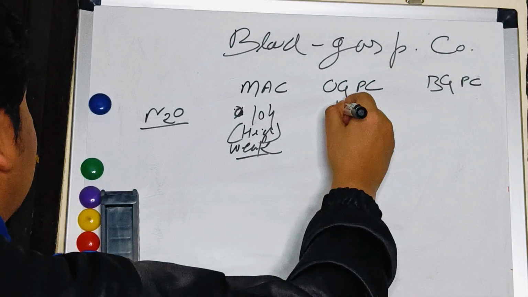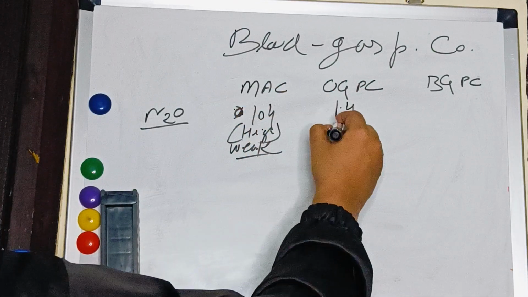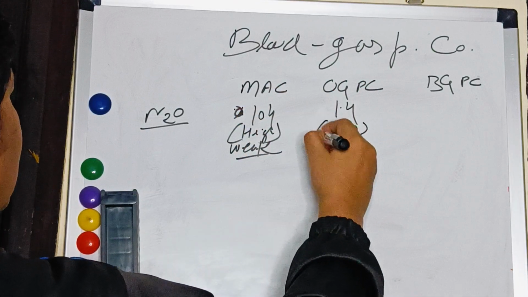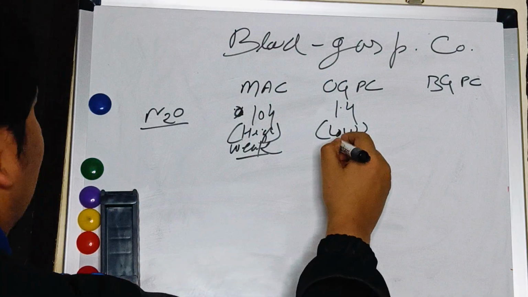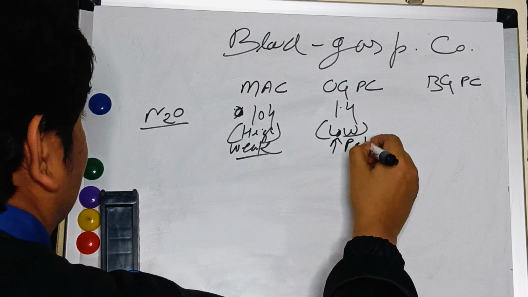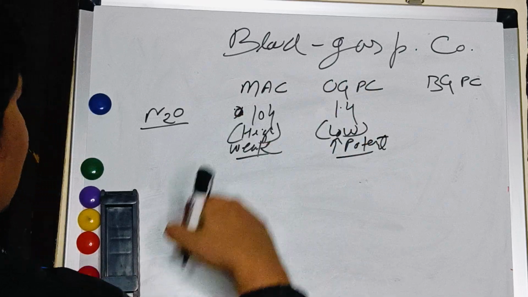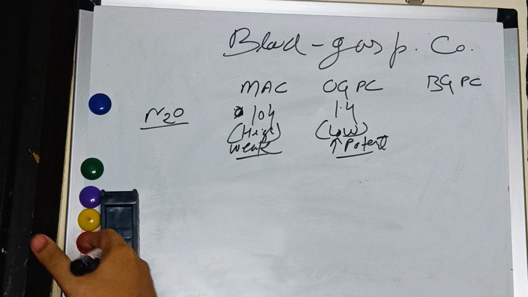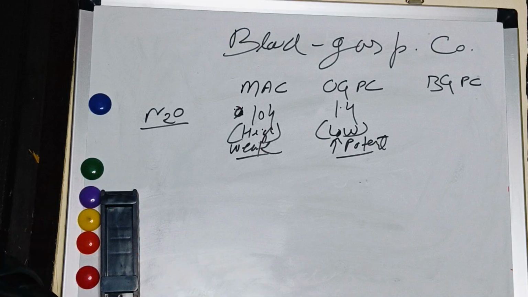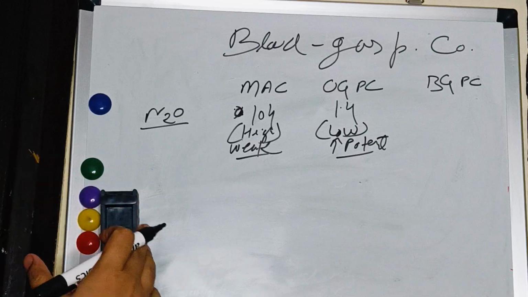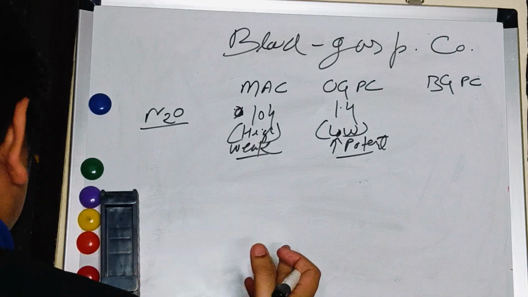The oil gas partition coefficient is 1.4. That is also low. If the oil gas partition coefficient is low, it means the drug is less soluble in lipid, so it has less effect.